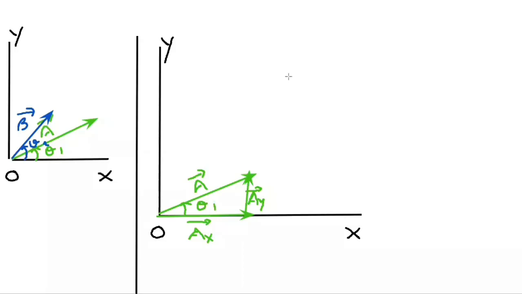Now we need to redraw vector B. The tail of vector B must join with the head of vector A. For this we are drawing a line which is parallel to x-axis. This line will serve as x-axis. Now let us draw the other vector, vector B, of same length and the two components BX and BY.